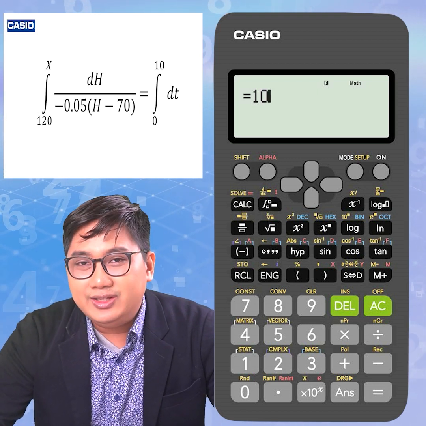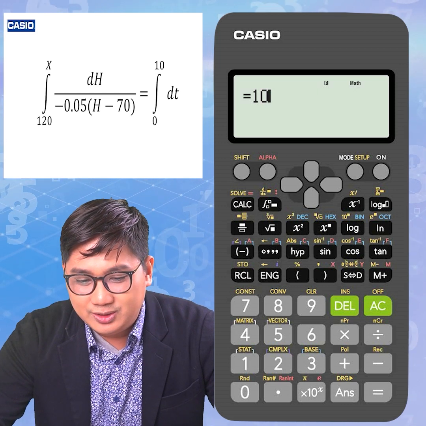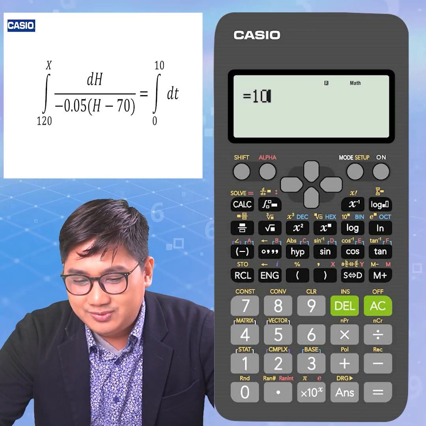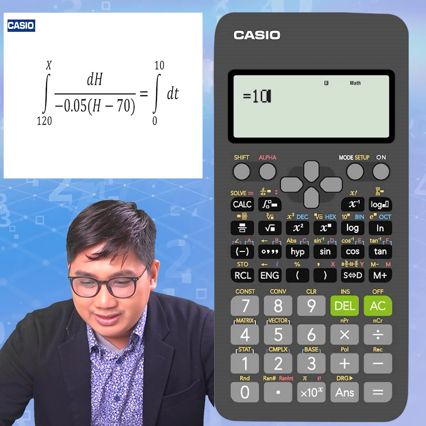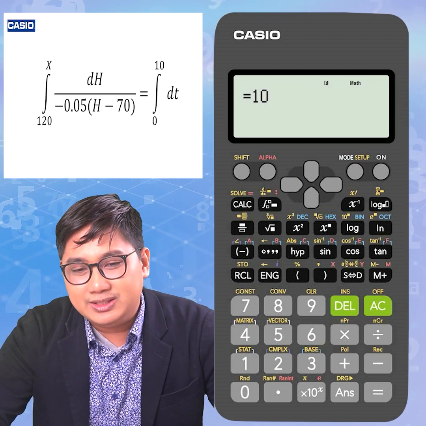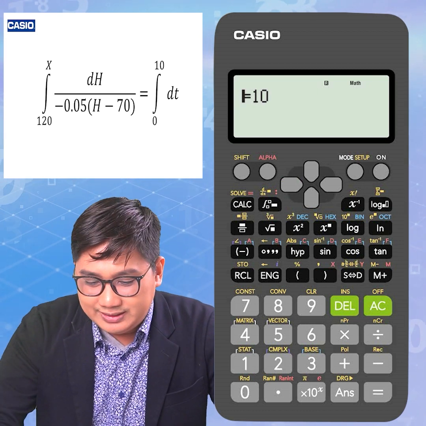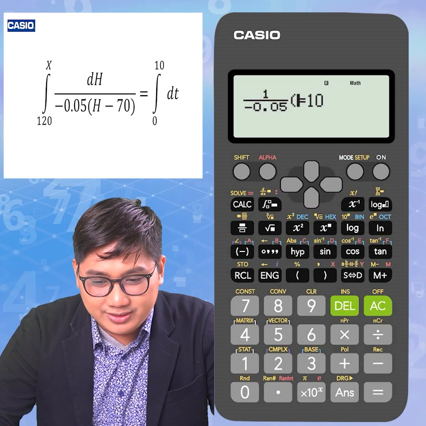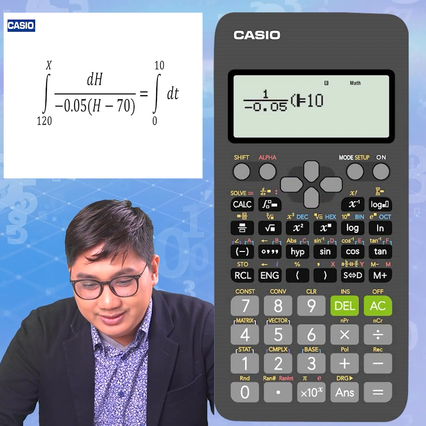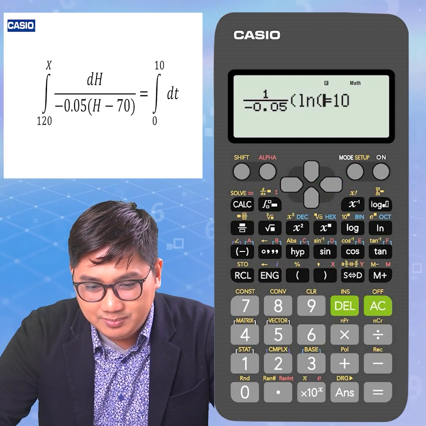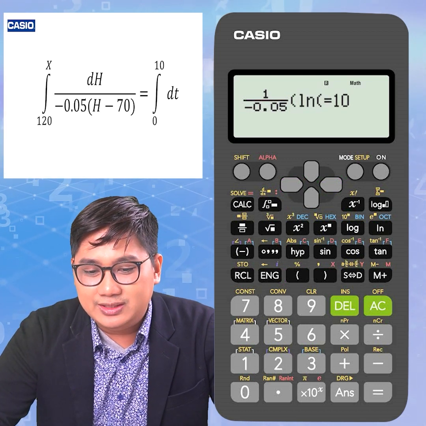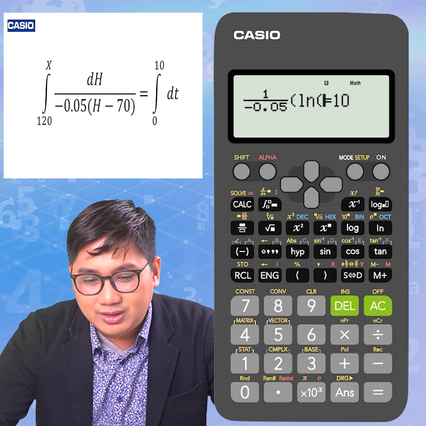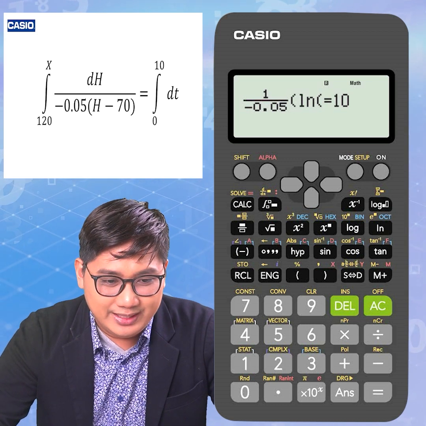This equation, dH over negative 0.05 quantity (H minus 70), is a natural logarithm. So to input this information in our calculator, that is 1 over negative 0.05 as a constant. Then the antiderivative is ln, or natural logarithm, of (H minus 70) from limits 120 up to x.